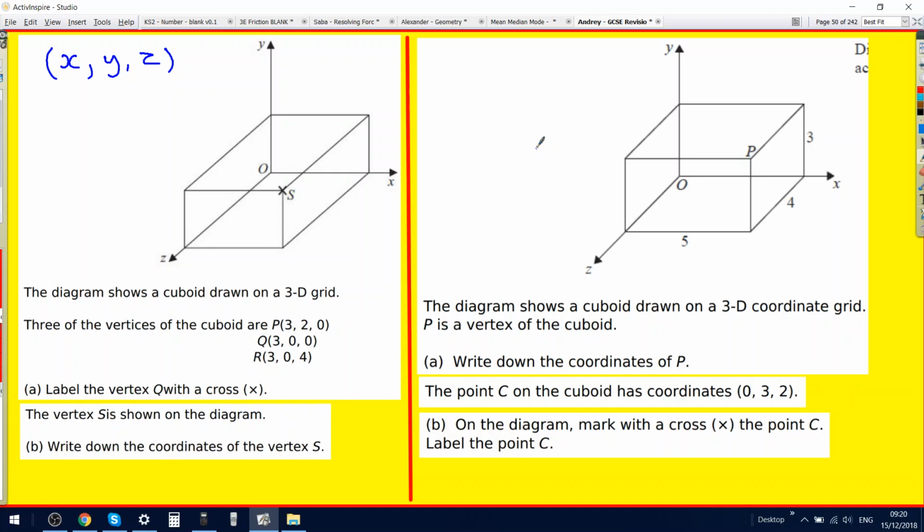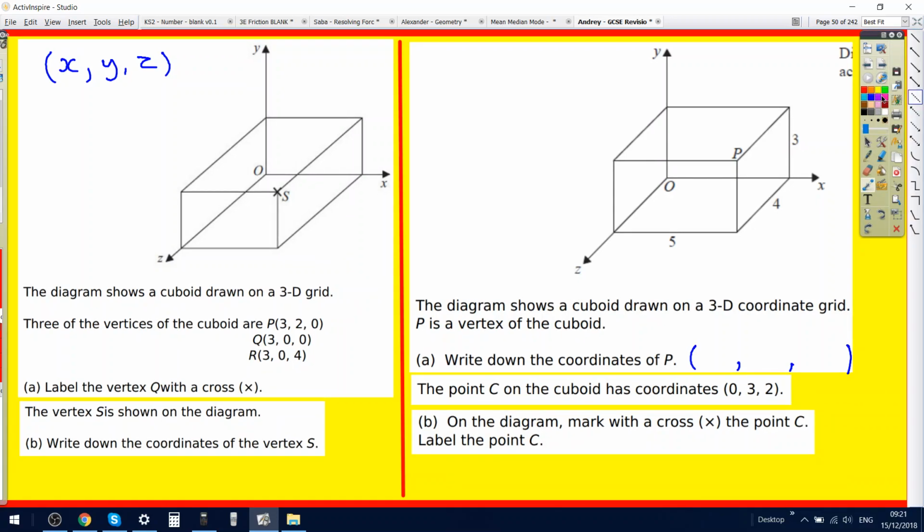Might be a bit simpler to start with. Okay. I'm honestly not sure.